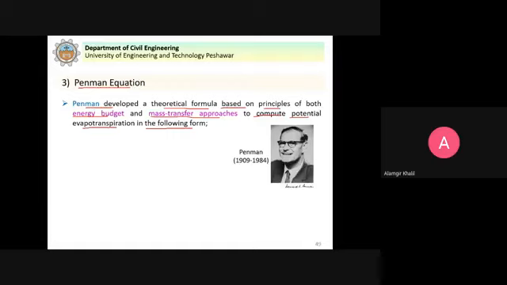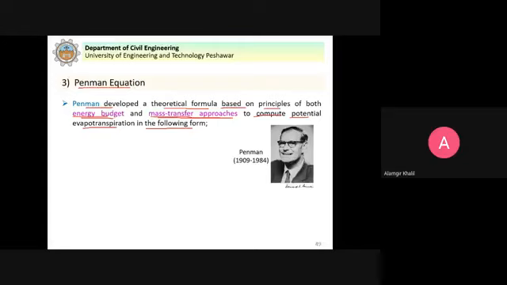You might have studied this Penman equation in hydrology also, in the chapter on evaporation, where there are different methods to estimate the evaporation from a water body. Penman developed this theoretical formula based on the principles of both the energy budget method, where we consider the energy budget of the water body to calculate the evaporation, and the mass transfer approaches.